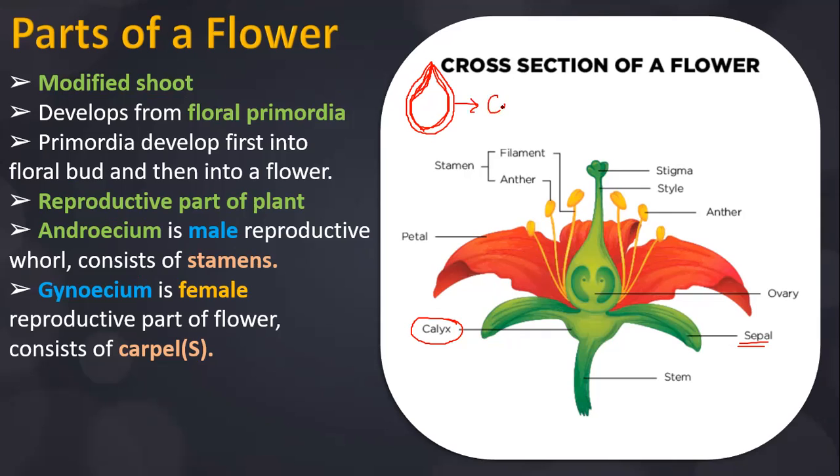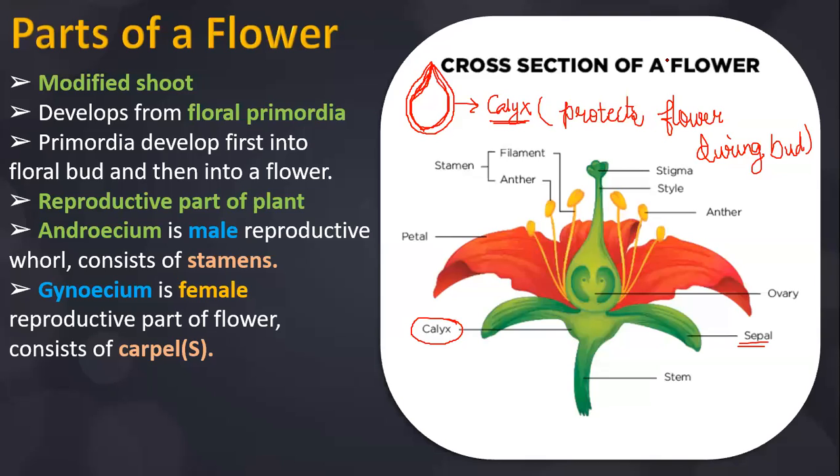That green covering, which protects the flower during the bud stage, is known as the calyx. Calyx protects the flower during the bud stage.